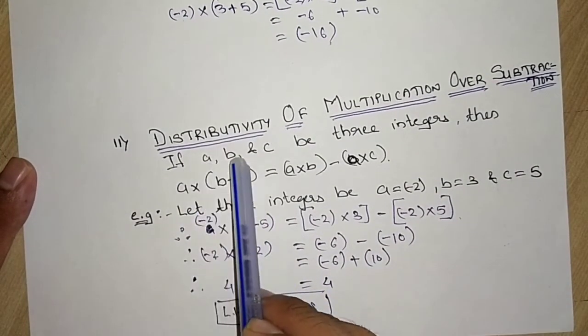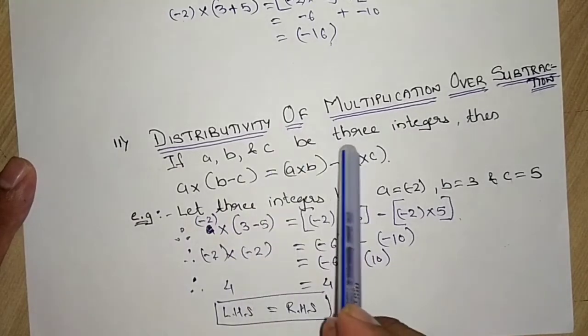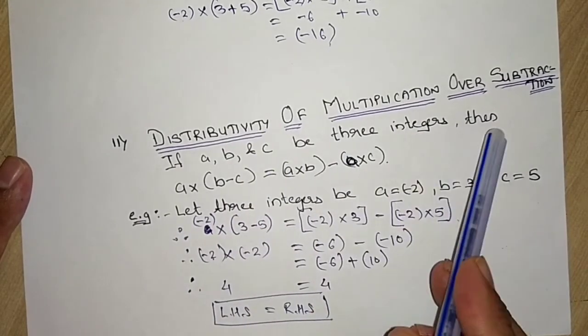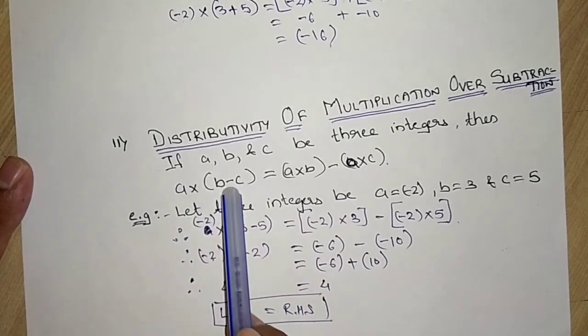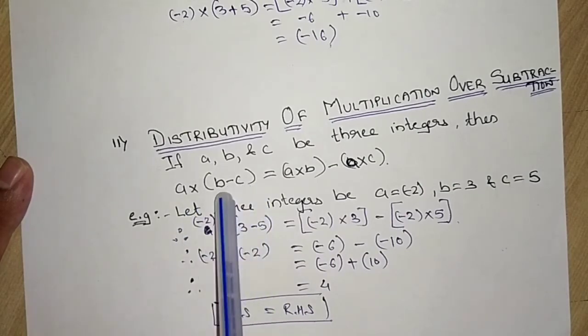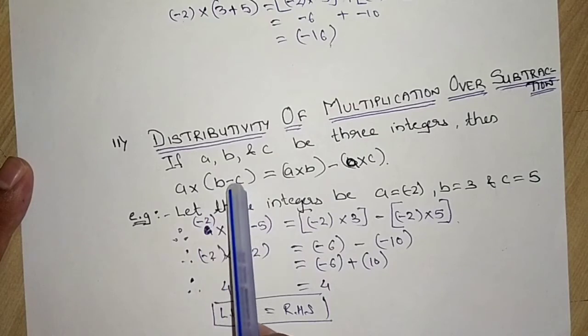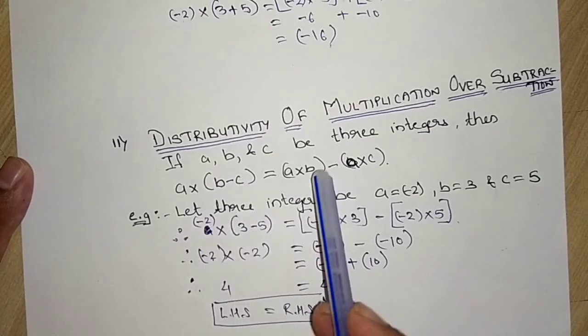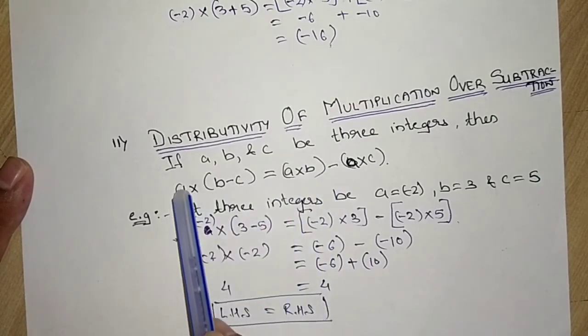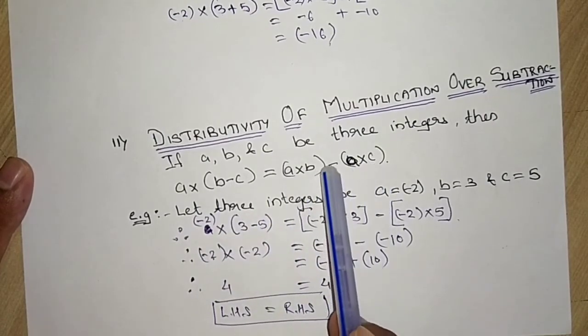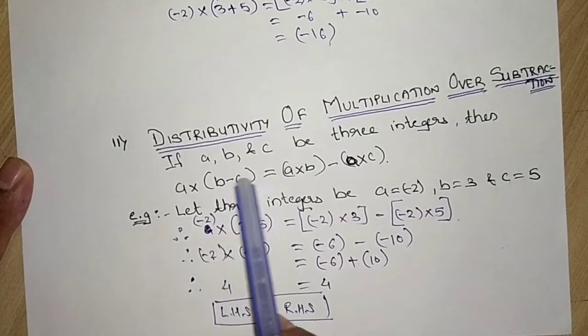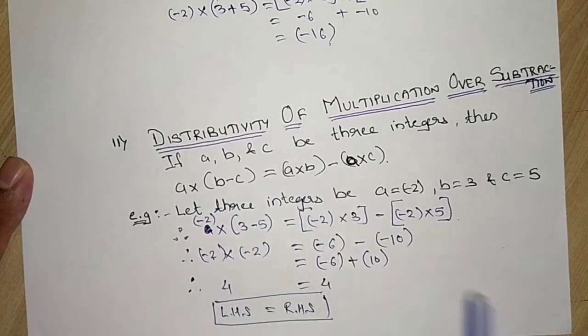If A, B and C be three integers, then if you do A into bracket B minus C, or if you take A into B and A into C and then subtract them, the result will be same. That is LHS and RHS will be same.